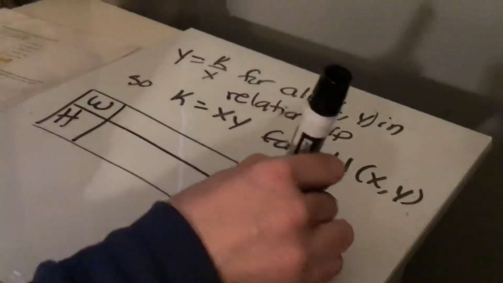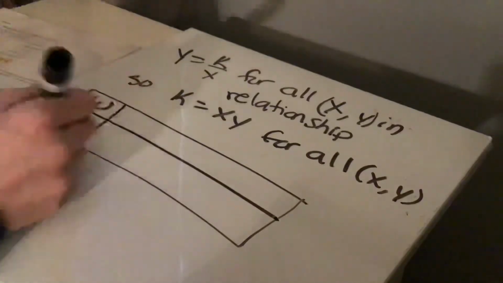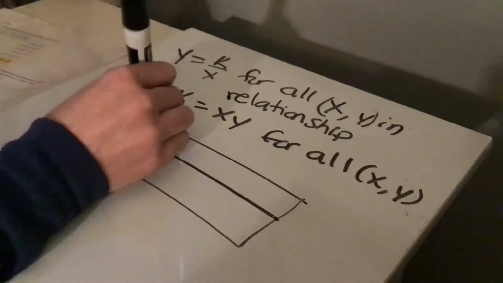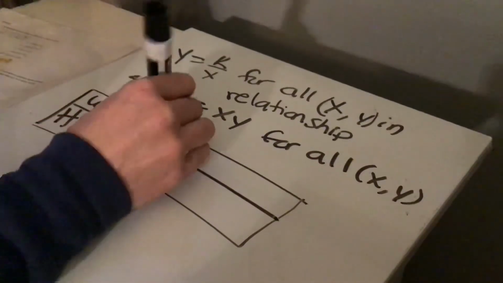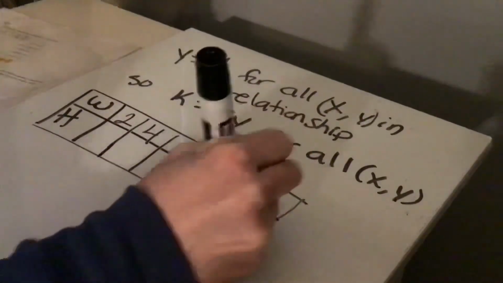To do that, we're going to find out if the product of w times h equals k, meaning they all equal the same constant. If they do, then it's an inverse relationship. So I'm going to add in an extra row here. Here's our original data.